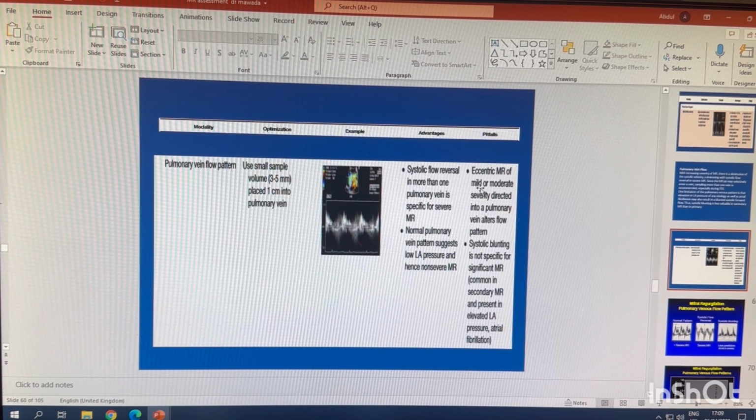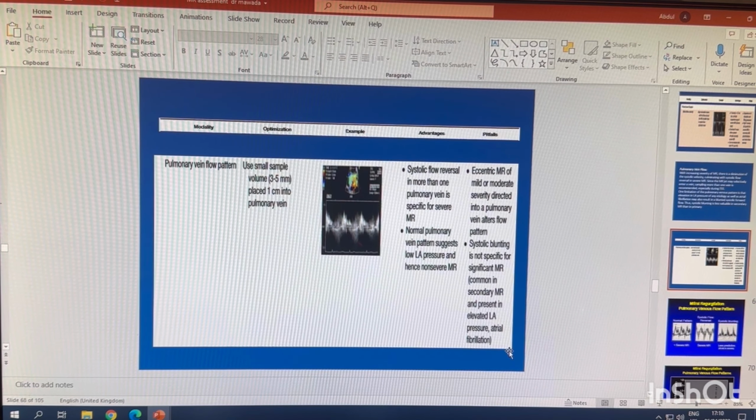So you need to keep an eye on it, especially in eccentric jets. Systolic blunting is not specific for significant MR; it is common in secondary MR and present in elevated LA pressure or atrial fibrillation. So you should not rely on pulmonary vein Doppler in this scenario.